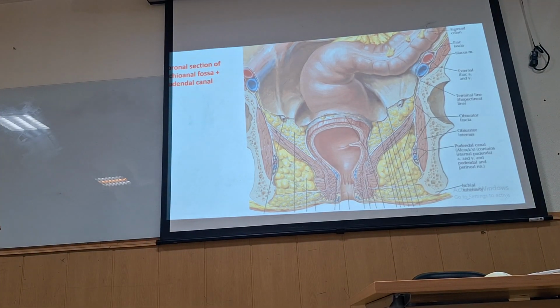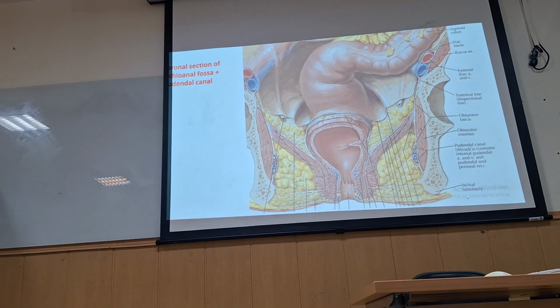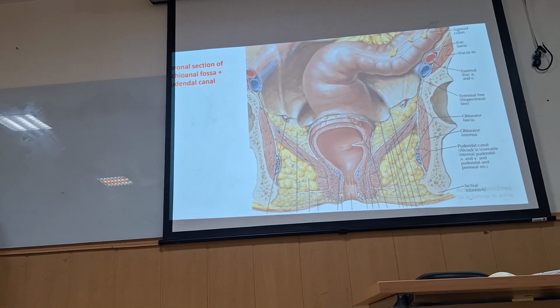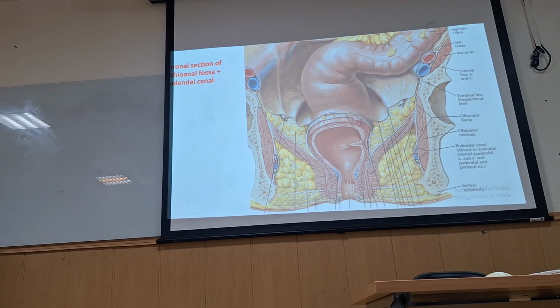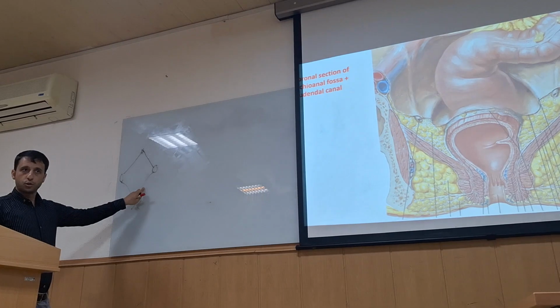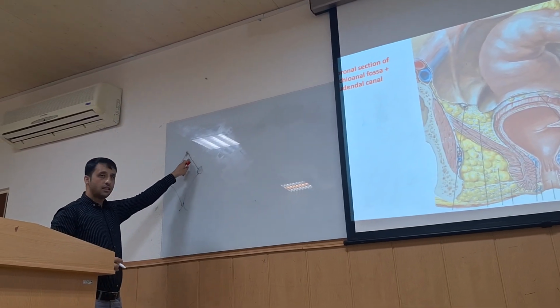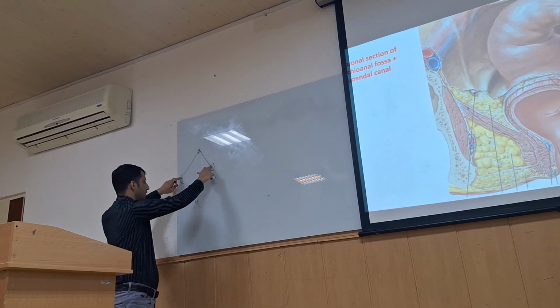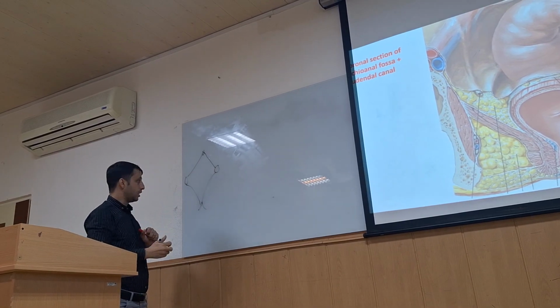In the midline, what is this section? Coronal section, yes. Look at here, what is this? The sacrotuberous ligament, yes. This is the ischiopubic ramus.